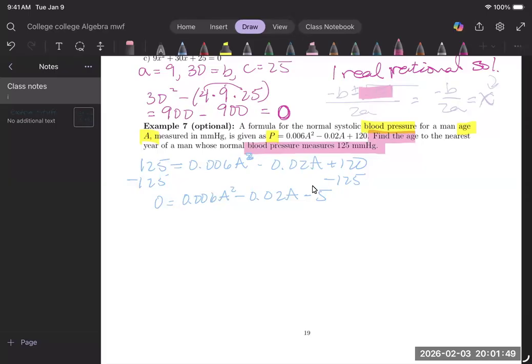So we will do quadratic. A is equal to 0.006. B is equal to negative 0.02. And C is negative 5.